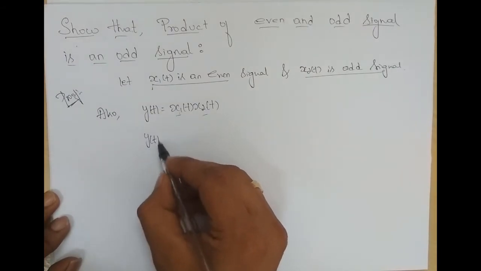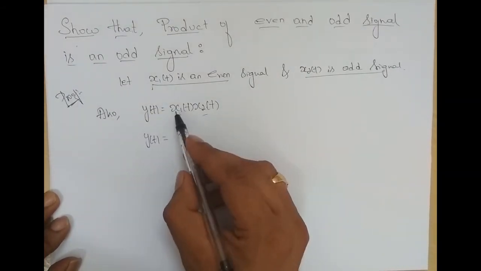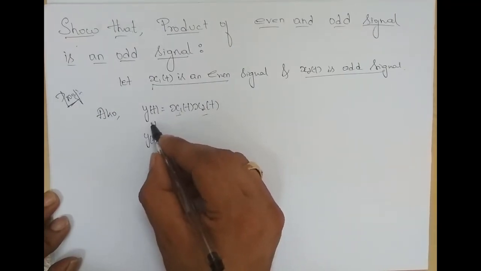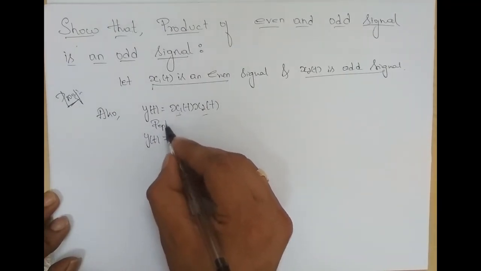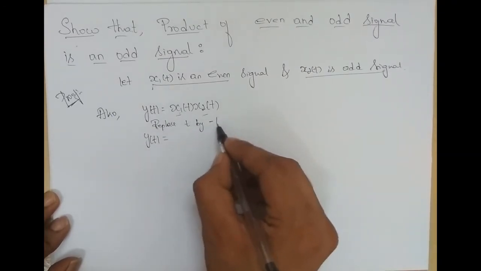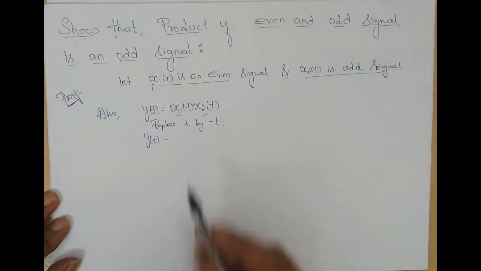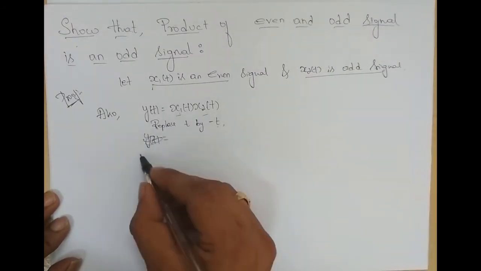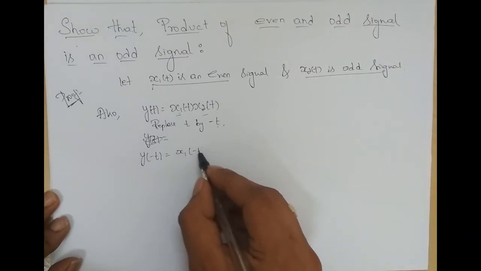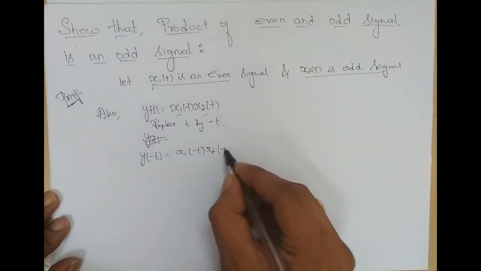y(t) is equal to... so before that, replace t by minus t. In the above equation, wherever t is there, I will replace it by minus t. So what do I get? y(-t) is equal to x1(-t) into x2(-t).